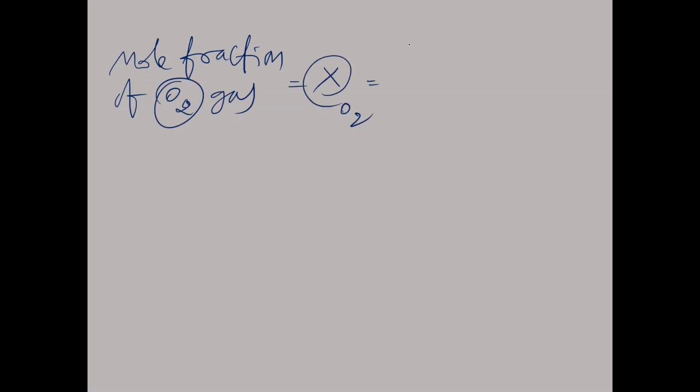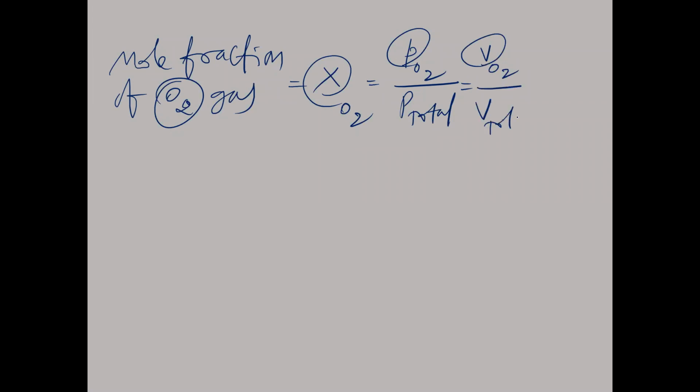That equals partial pressure of O2 by P total, the total pressure of the gaseous mixture, which is equal to partial volume of O2 upon total volume of the gaseous mixture, which is equal to number of moles of O2 upon total number of moles, N total. Like this, we can apply it for any gas. So these are all different formulae to be understood here.